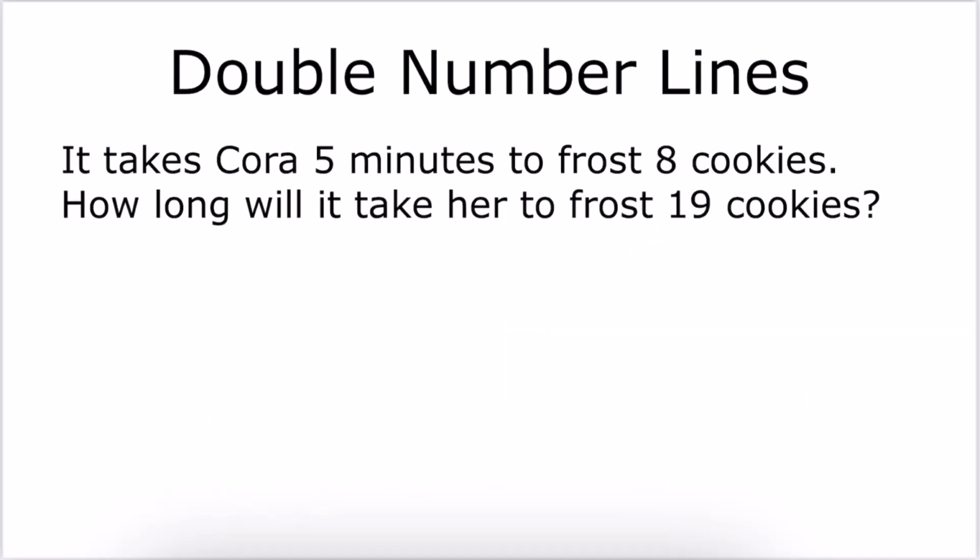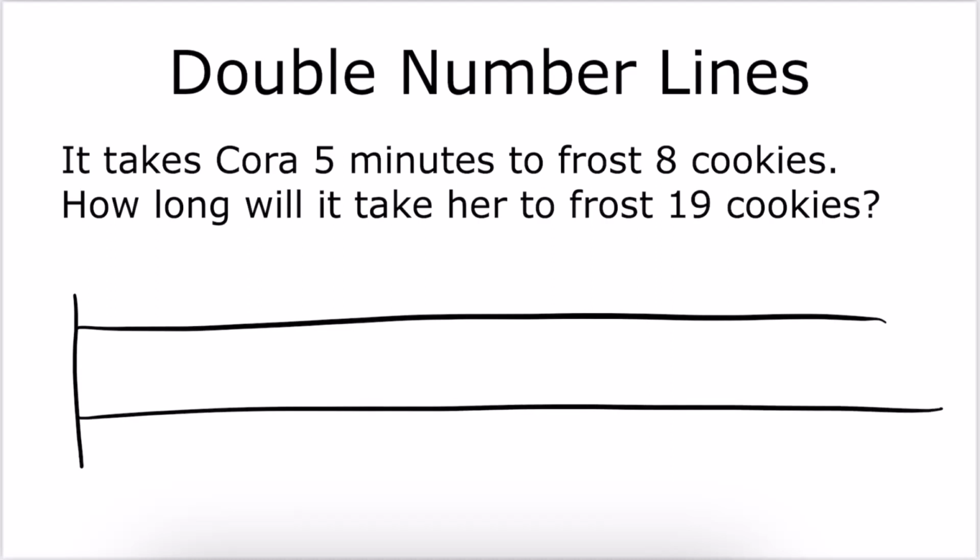Like, for example, let's say that it takes Cora 5 minutes to frost 8 cookies, and we want to know how long it will take her to frost 19 cookies. Well, the way that I would do this is I would make my two number lines where one of my number lines is going to be minutes and one of them is going to be cookies. So let's say this top one is 0 minutes. The bottom one is 0 cookies.